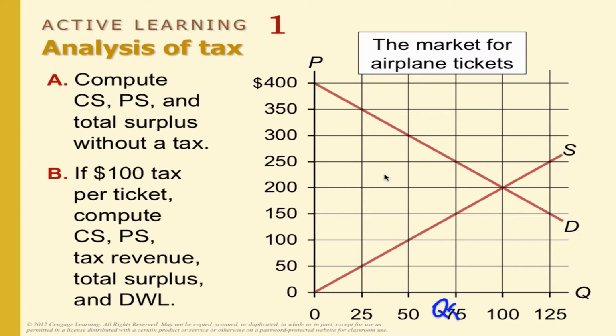So we know the tax is $100, right? The easiest way is to come over from equilibrium and spread them $100. So here's 150 and there's 250. But that only works because our curves are unit elastic. If you didn't have unit elastic curves, you go from the equilibrium price down the amount of the tax and then draw another curve parallel to your existing curve.